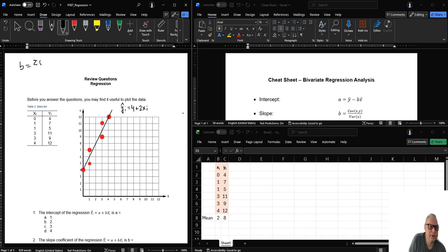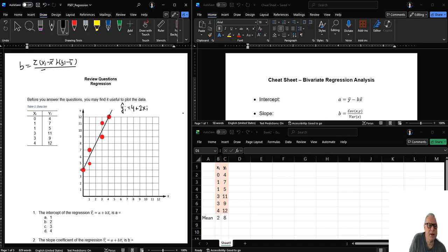The covariance is written as x_i minus x bar times y_i minus y bar, the product of the deviations from the respective means of x and y.